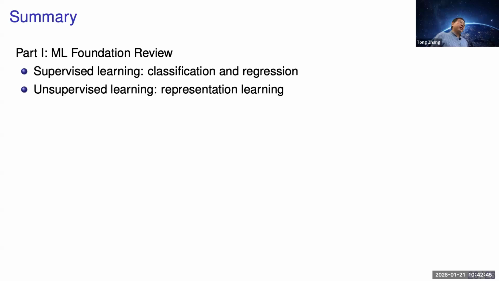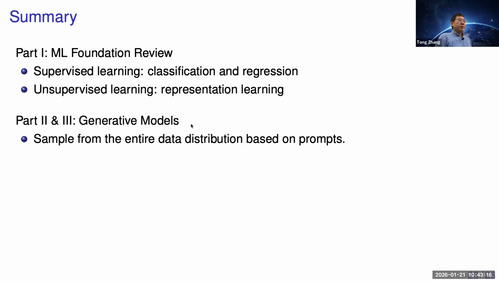We have supervised learning, which covers all the standard neural network models, CNN and LSTM, sequence models and fully connected neural nets, right? And classification and regression. So this is the standard. For the unsupervised learning, we will focus on representation learning. This is part 1. This one may be a little bit more beyond the standard class.